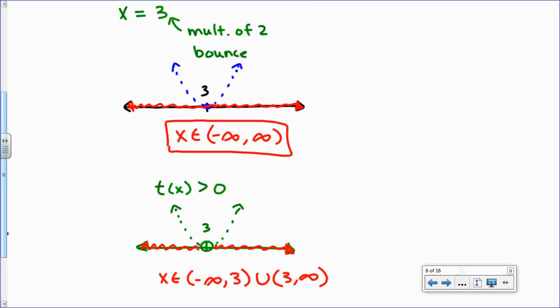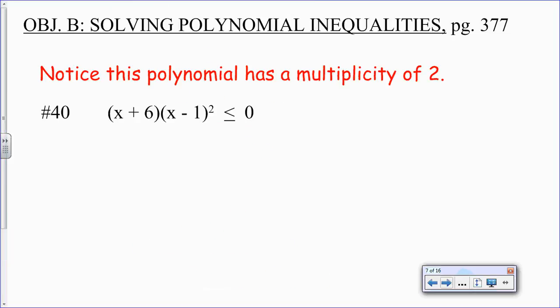Now let's just look at polynomials in general. So we'll do it the same way. We're going to do it the same way we do quadratics, by finding the zeros and then graphing on that number line.